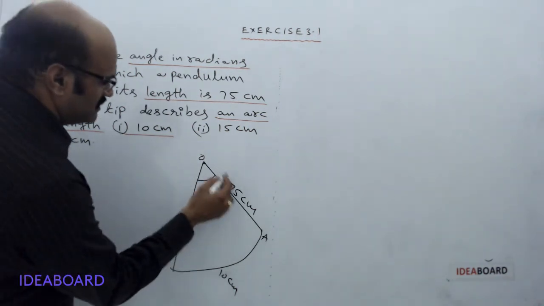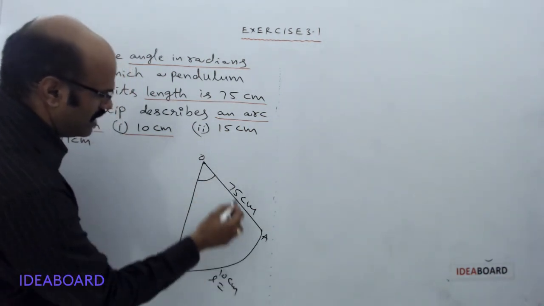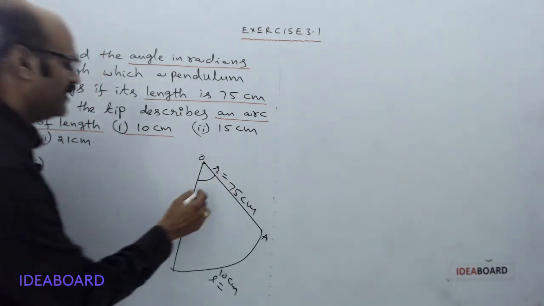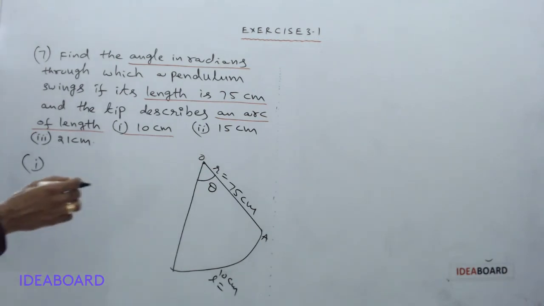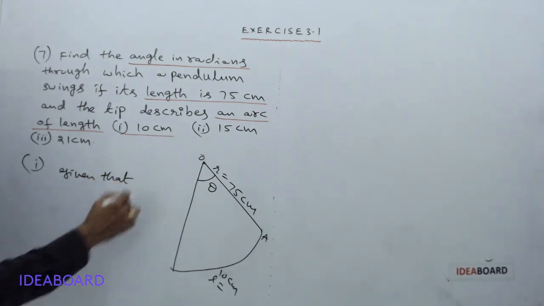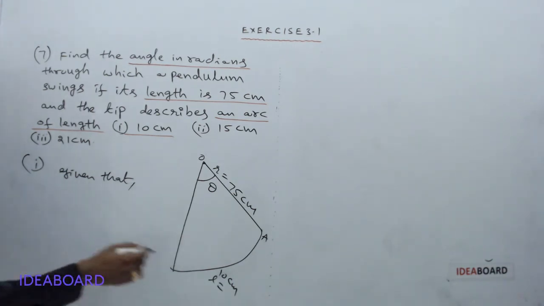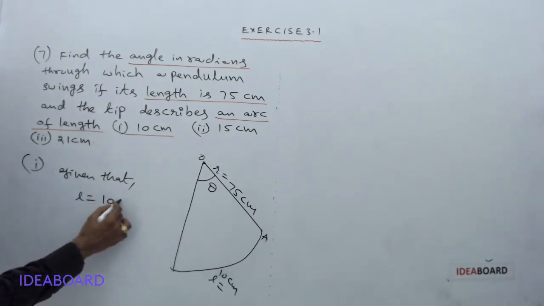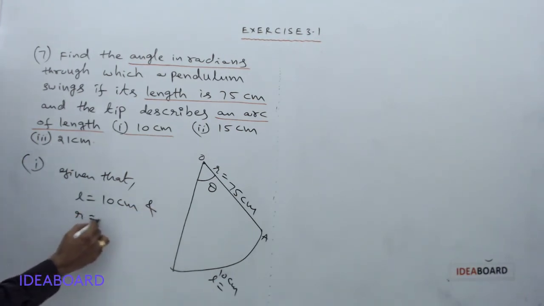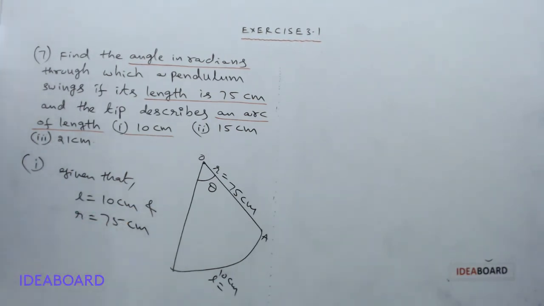Here this arc is always L, and this is always R, and we have to find theta here. Given that L equal to 10 centimeters and R equal to 75 centimeter.